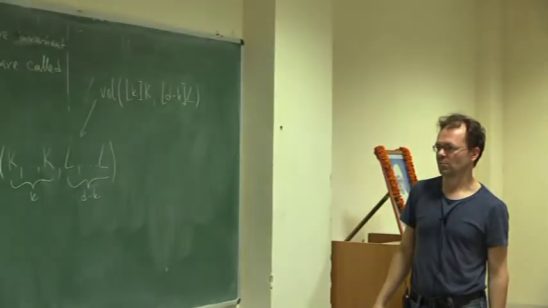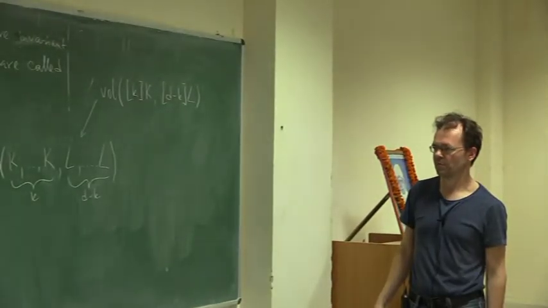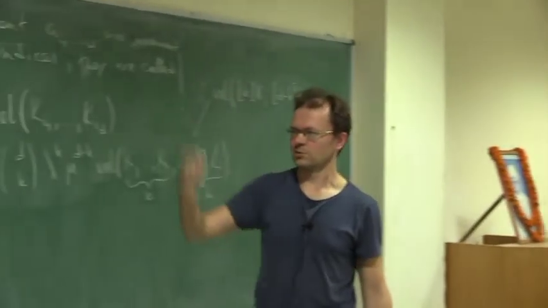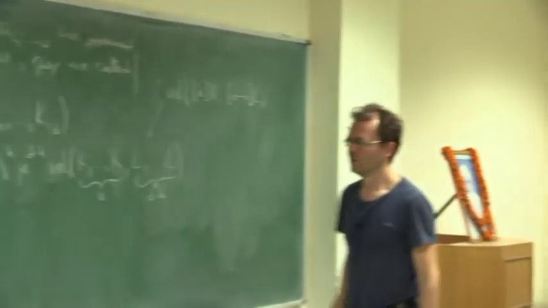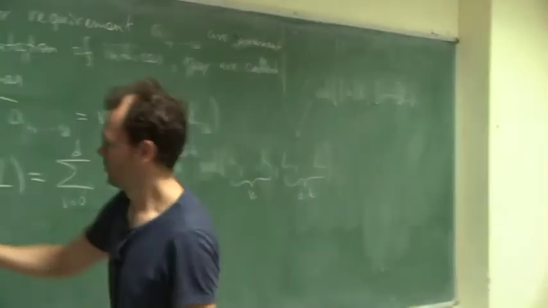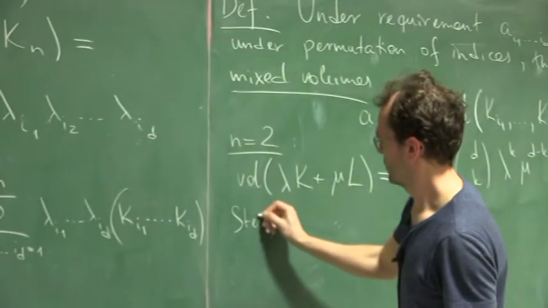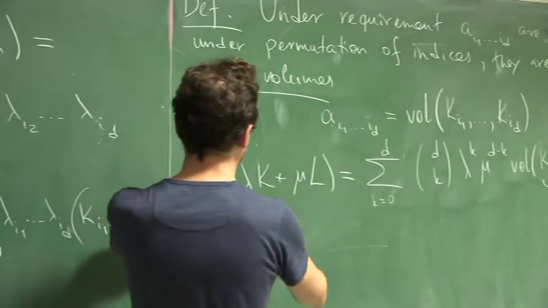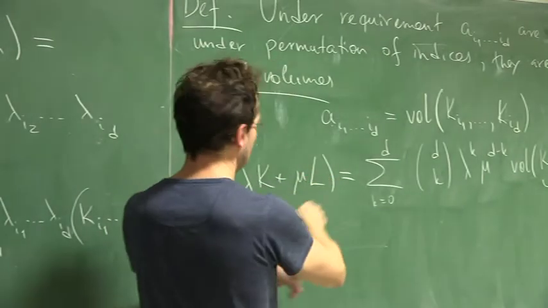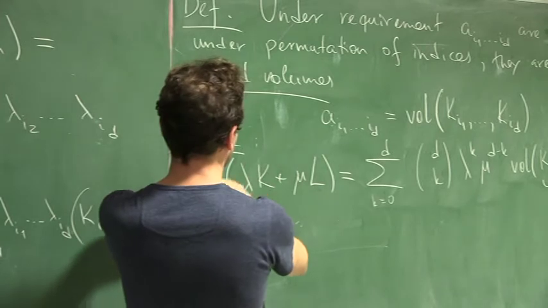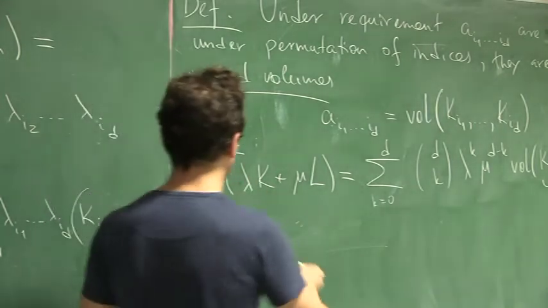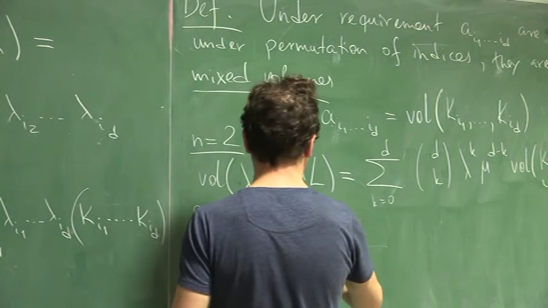Good, but now that reminds very much of the Steiner formula. And in fact, yes, the Steiner formula is just a special case of the Minkowski theorem. In the Steiner case, L is the ball, and we just put lambda equal to 1.